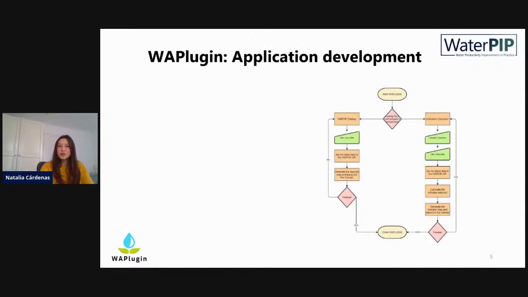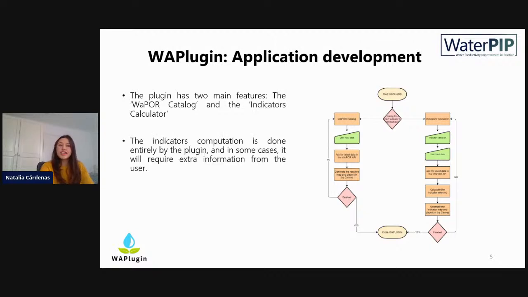So let's continue with the application development of the plugin. This is the workflow of how the plugin works. It has two main features, as I mentioned before: the WaPOR catalog, which is the one that brings the data from WaPOR to QGIS, and the indicators calculator. The indicators computation is done entirely by the plugin, and in some cases it will require extra information from the user.